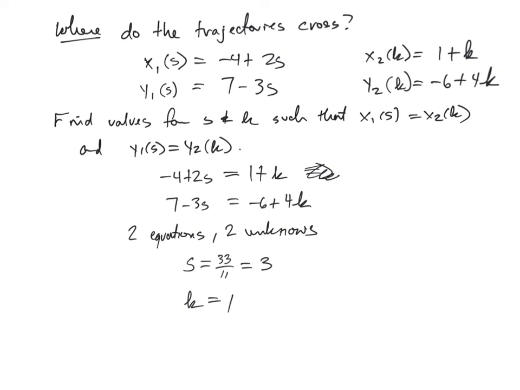Okay? So, and we can say now, well, if s is time for the cat and k is time for the mouse, obviously we see that they're at the crossing point at different times, which we already knew. Okay? We found that out already before. This just confirms that. So now we put k equal to 1 into here, or we put s equal to 3 into here. Either way, we'll get the coordinates x, y at the crossing point.